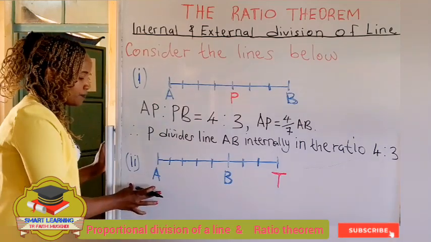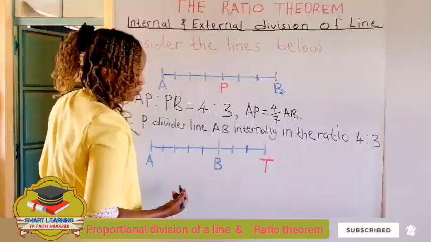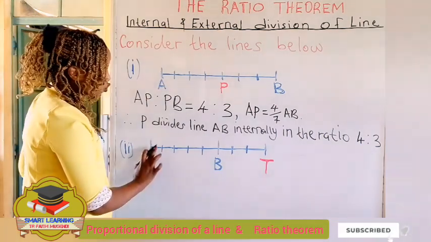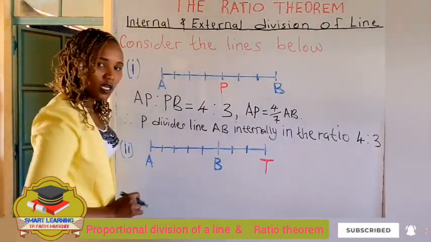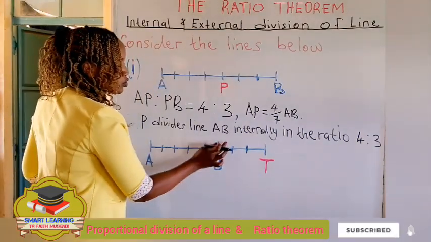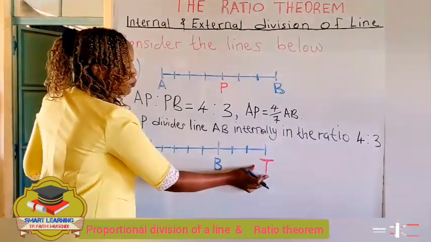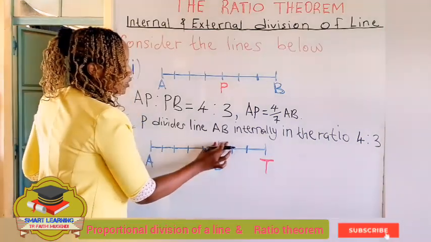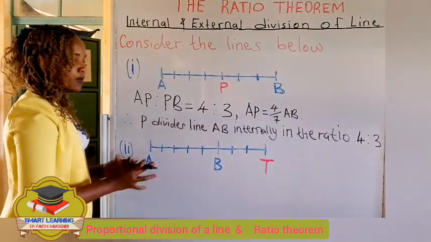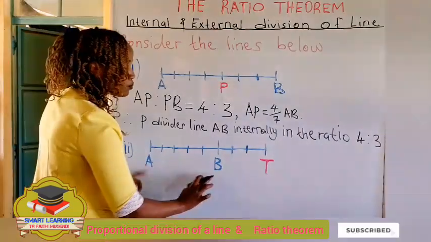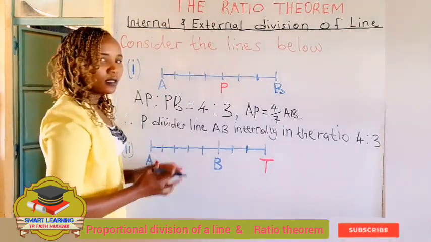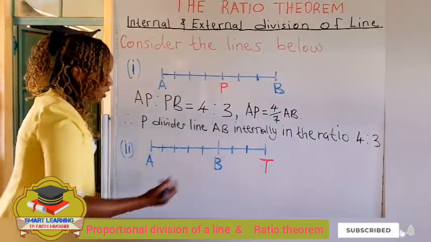Let's consider the second case. We know that line AB is divided into 1, 2, 3, 4, 5 equal parts, and then point T is 1, 2, 3 parts beyond B. Taking AB to be the positive direction, how are we going to put it down in the form of a ratio?